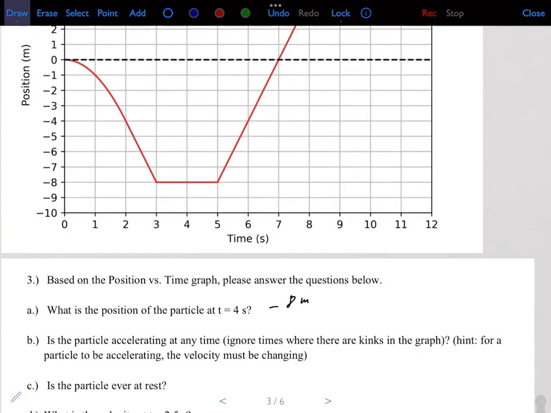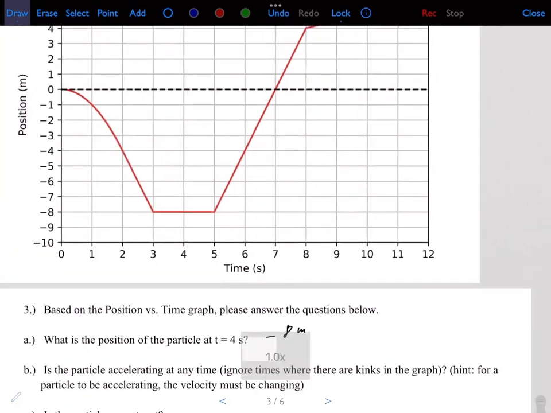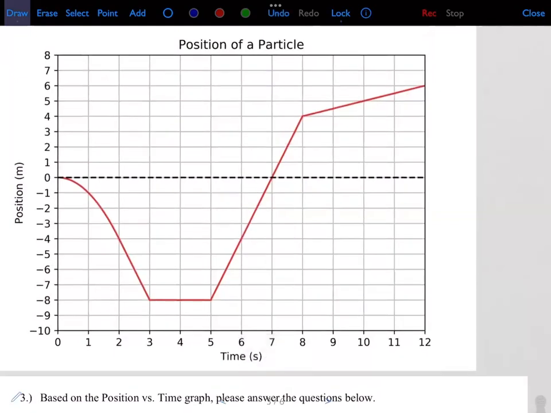Okay, second question. Is the particle accelerating at any time, ignoring the times where there are kinks in the graph? Hint: for the particle to be accelerating, the velocity must be changing, right? So if you have a position versus time graph, remember what represents the velocity? It's the slope. So where the slope is constantly changing, that must be where you have an acceleration. And we're ignoring these kinks here.